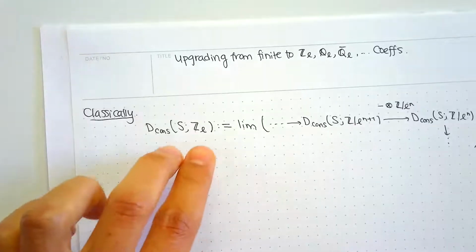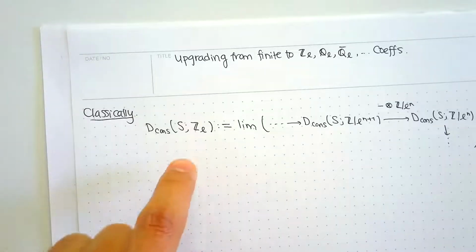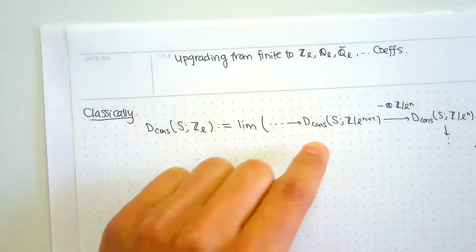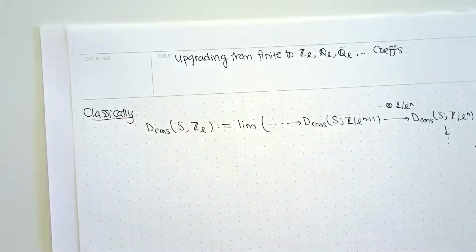You can work with this because your objects are a compatible system of Z mod L^n constructible sheaves, along with equivalences after modding out by another power of L to the next one.